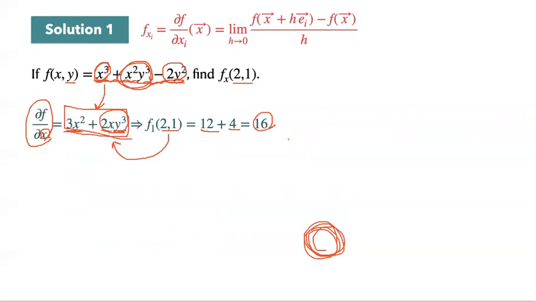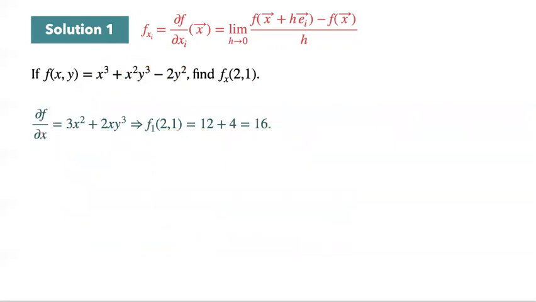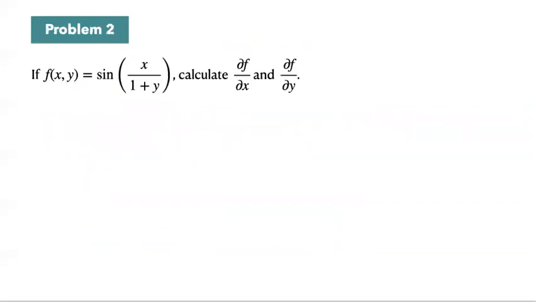So this method would be better than the other method, right? Okay, let's go to another example here. Then you can calculate it quickly, right?